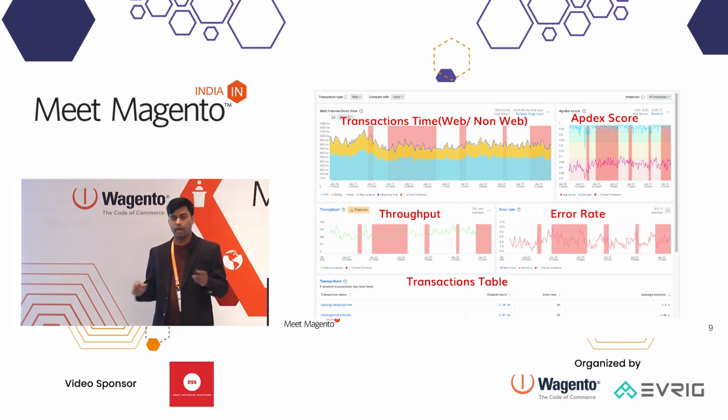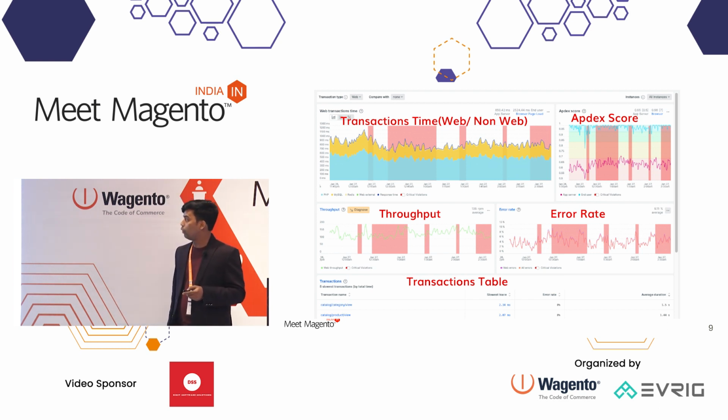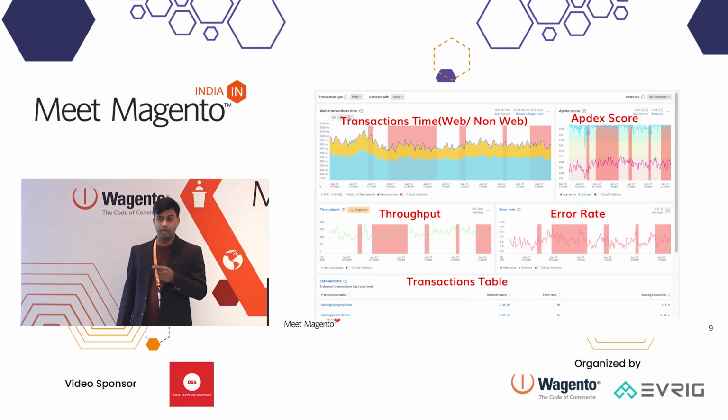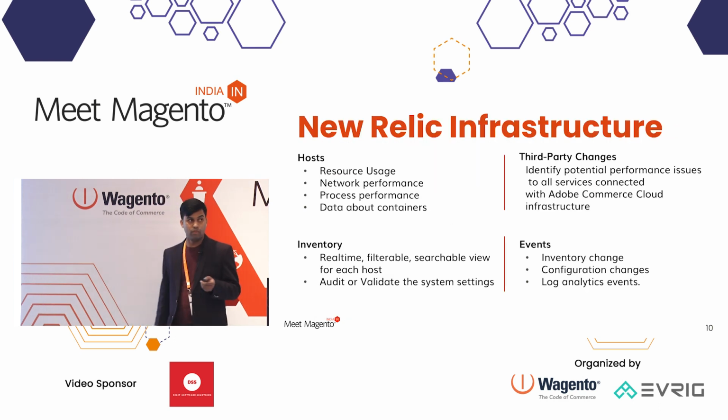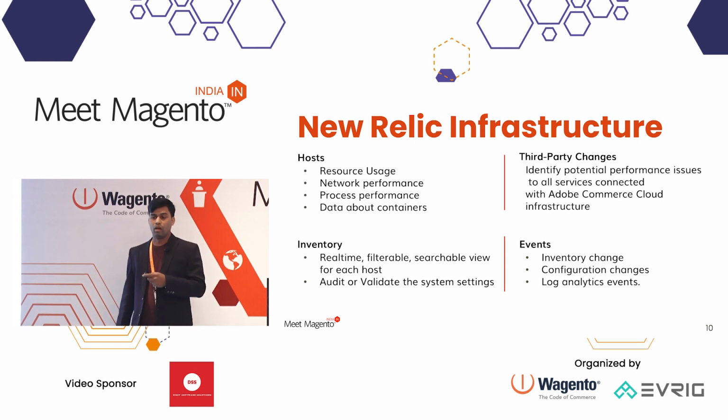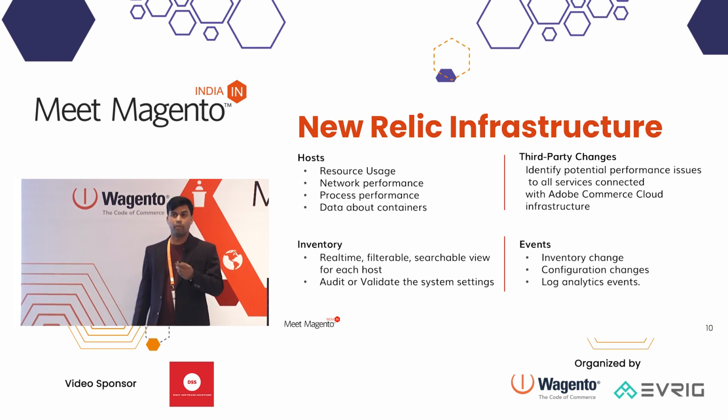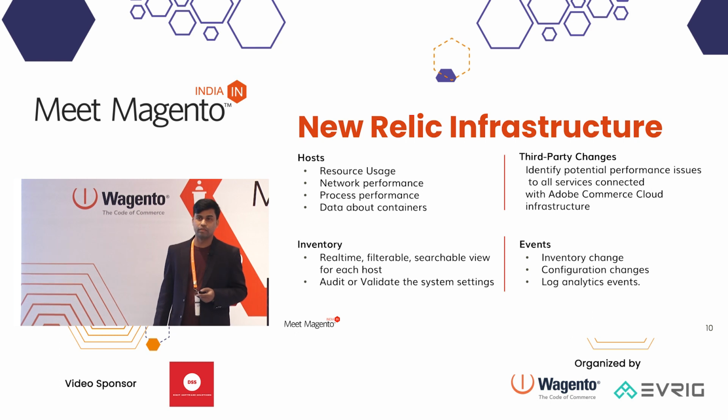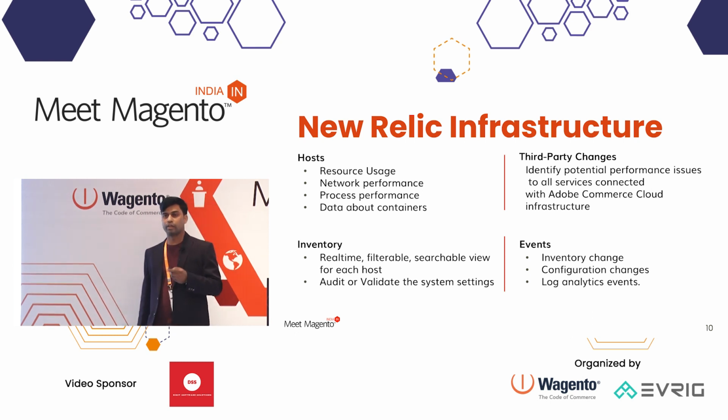You can drag a specific range and get more analysis about that. On that note, I'm going to start the next topic, because time doesn't allow me to go much deeper, but there are other items with application monitoring that can be easily explored.